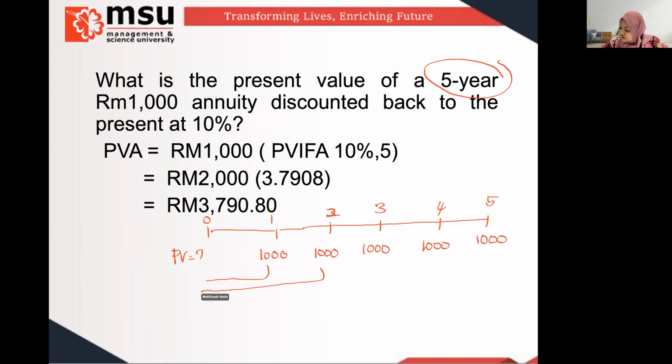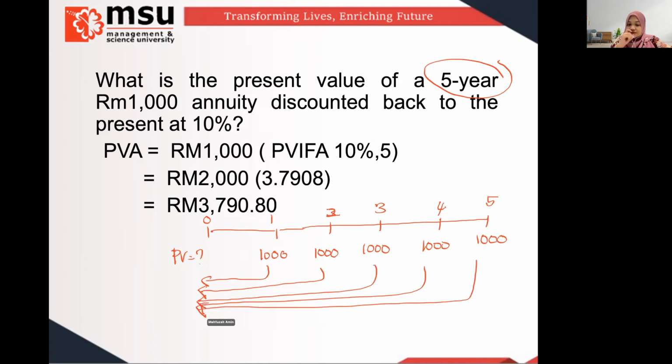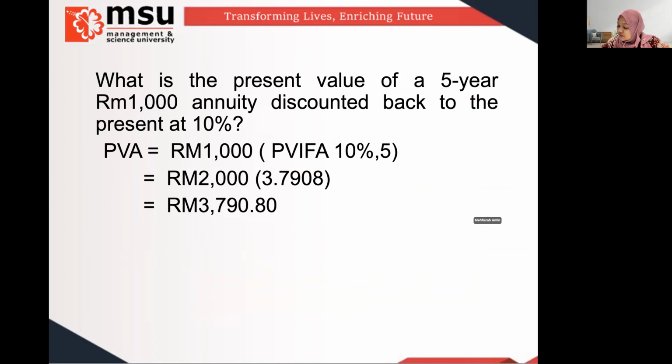So we have to find the present value for each year and sum up all the present values. To make your life easy, we just refer to the PVIFA table, 10% and 5 years. So 10%, 5 years, the PVIFA is 3.7908.